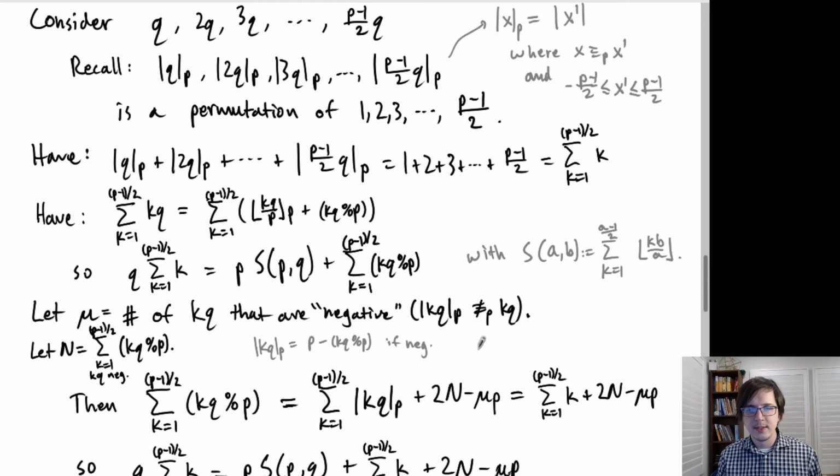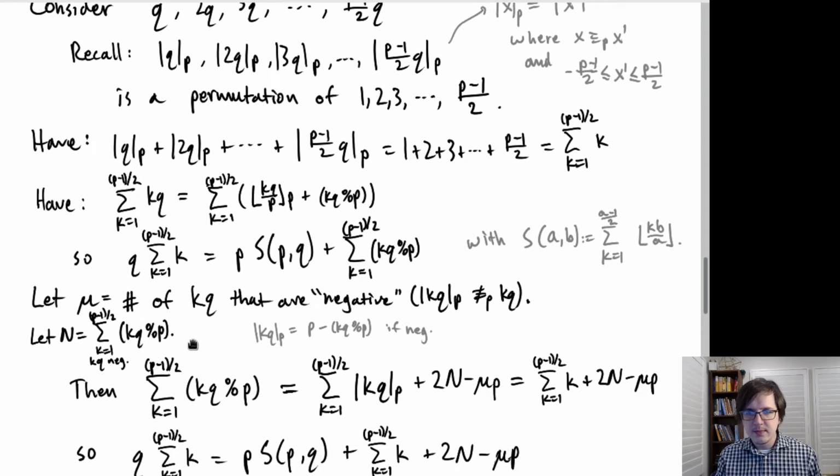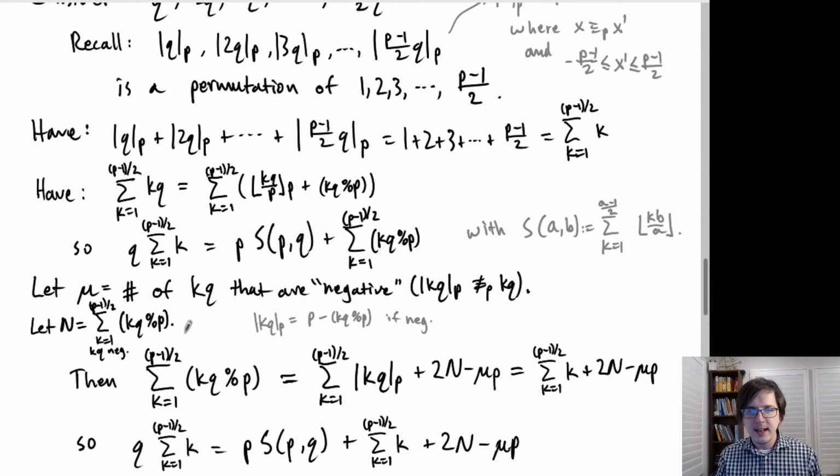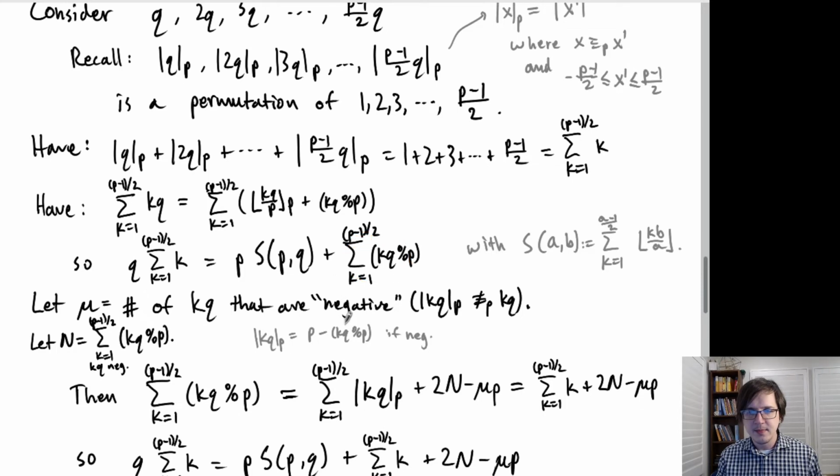Okay, so let's take the sum, and inside of it we'll take just the kq's that are negative with respect to this definition. So if we take, for example, this sum and subtract it, then we're just left with the positive ones, the ones where they're congruent to their own absolute values.